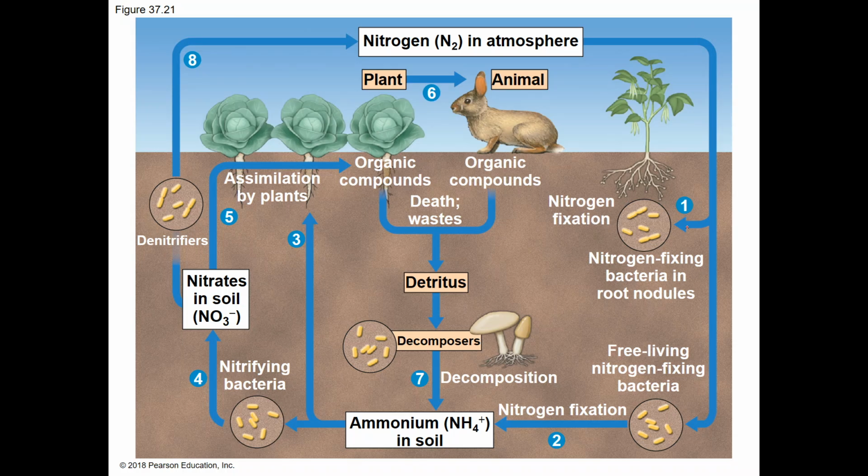So again, this first bacterial interaction being the bacteria that can fix nitrogen gas. There are also some bacteria that are just living in the soil on their own that can do nitrogen fixation as well. That nitrogen then is available in the soil as ammonium, which is a molecule that is necessary for many functions in living organisms.